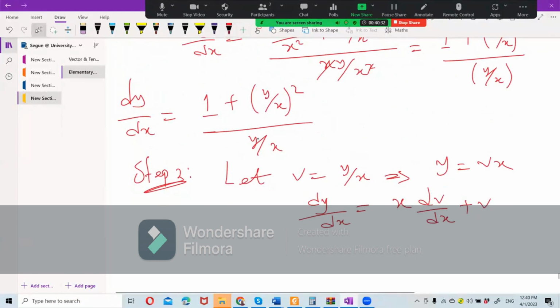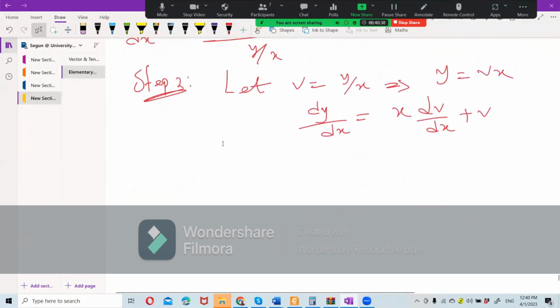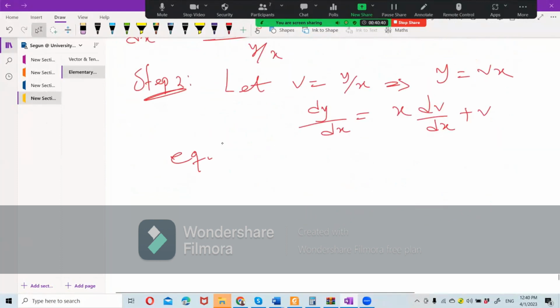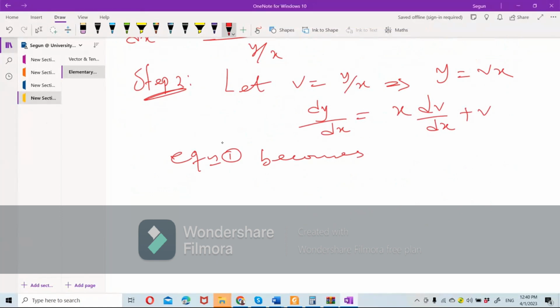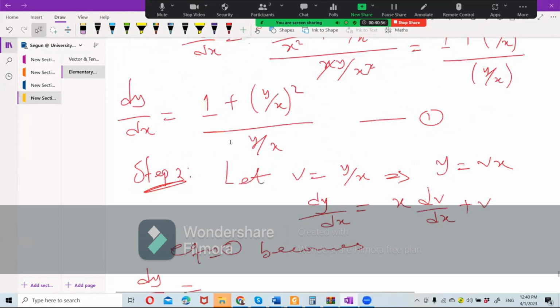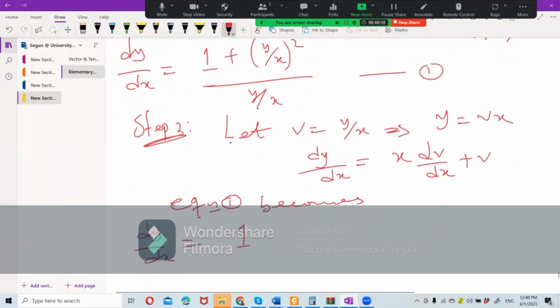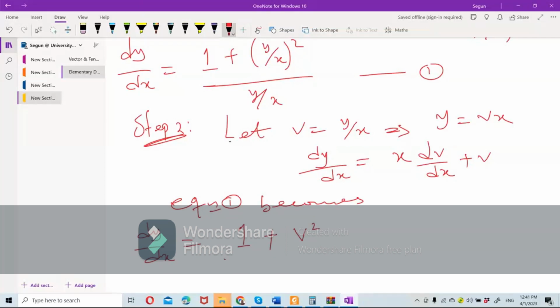Remember, let me call this one equation 1. So equation 1 becomes dy/dx equals 1 plus, we have y over x, and y over x here is v, which means we have v squared over v.